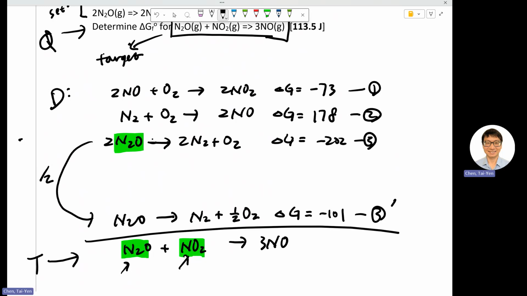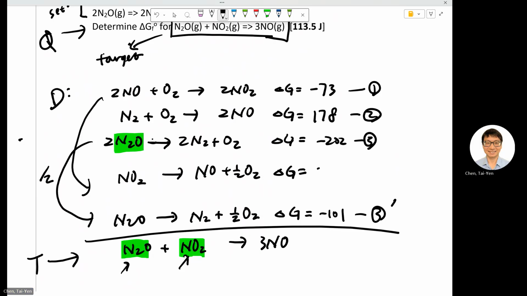So if you flip it and divide by 2, you're going to have NO2 becoming NO plus 1/2 of O2. Delta G, since you flipped it, negative 73 now becomes positive 73, and then you divide it by 2. So that will be your equation 1 prime.